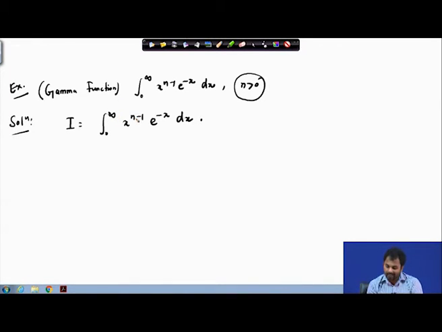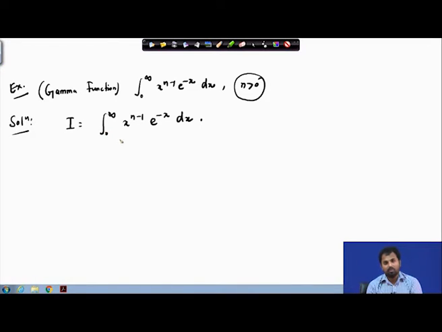Now, when n is less than 1, then this whole thing will start creating a problem, because in that case 0 will be the point of infinite discontinuity, since it will become x to the power minus something, and that will come in the denominator, and at x equals 0 that part will be undefined.